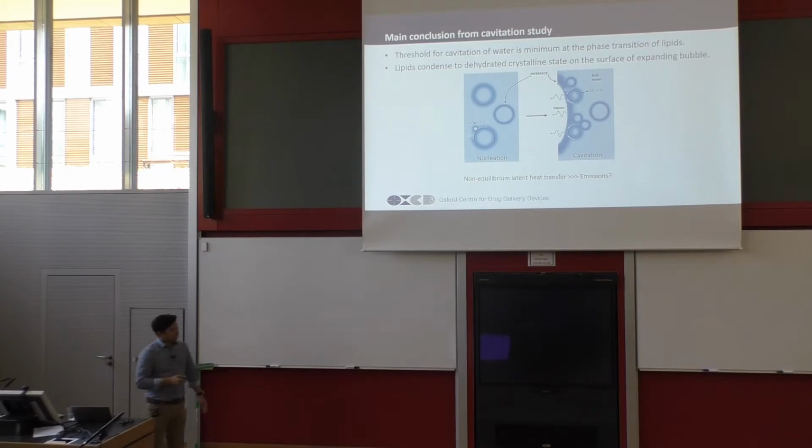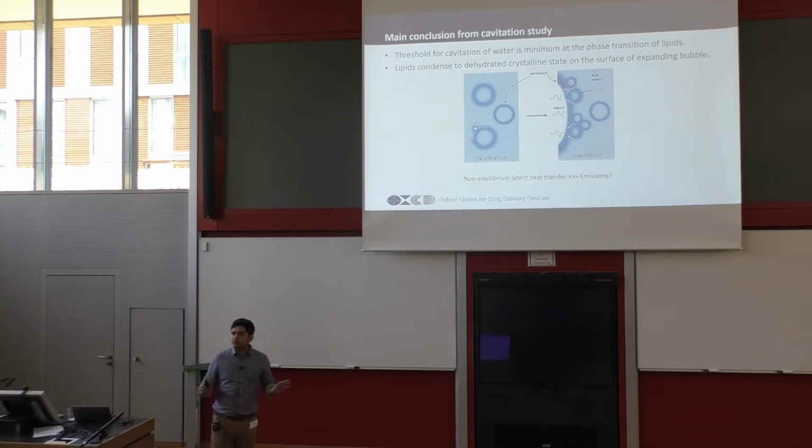So just to conclude from the previous slide, a picture like this emerges. When you have no acoustic perturbation in the system, your lipids are floating around, there are fluctuations happening in the membrane, and every now and then there are fluctuations happening in water, which creates these vapor nuclei.